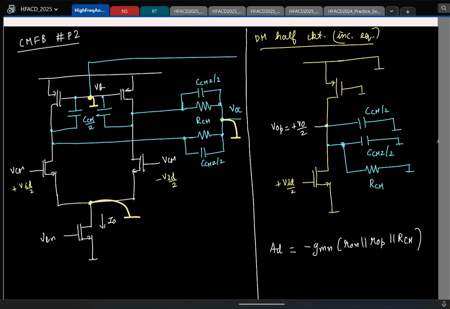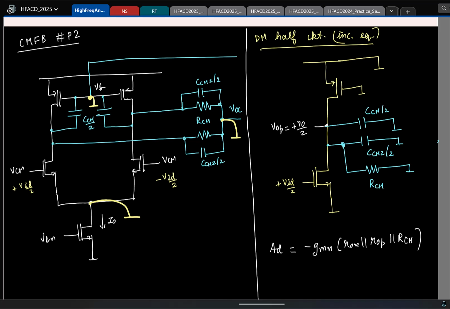But also you see that now because of the CMFB we are using, we have these capacitors, and these capacitors are compensation capacitors we are using to stabilize the common mode feedback loop. We are actually loading your differential mode circuit also, so this will impact your pole locations, unity loop gain frequency, and so on. But anyways, this is a single stage OTA.